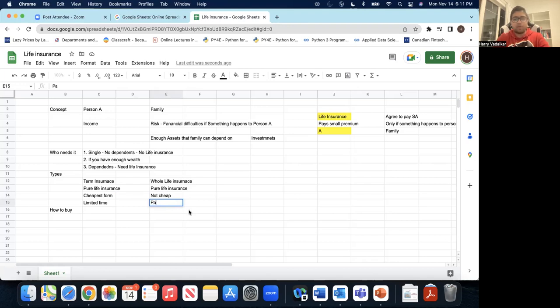So it's kind of a permanent insurance. We'll discuss this concept more in the slides, but it basically covers your entire life. But the key point is you don't need insurance for your entire life. You generally need insurance when you have kids that are dependent on you and when you don't have enough retirement savings that you have built up.